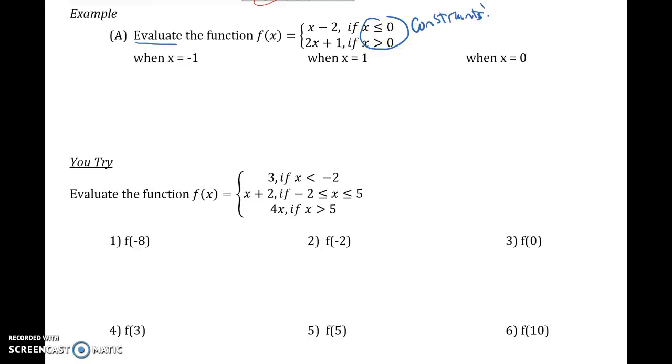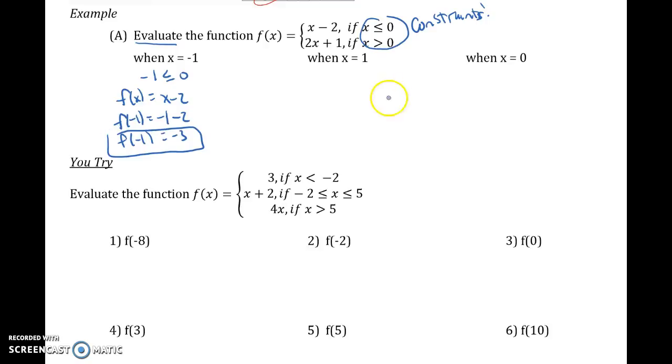Well, -1 is less than or equal to 0, so I want to use f of x equals x minus 2, because I want to make sure I match the constraint. Okay? So then I'm just going to plug in -1 for x, and then f of -1 will equal -3. Make sure you're using your function notation here.